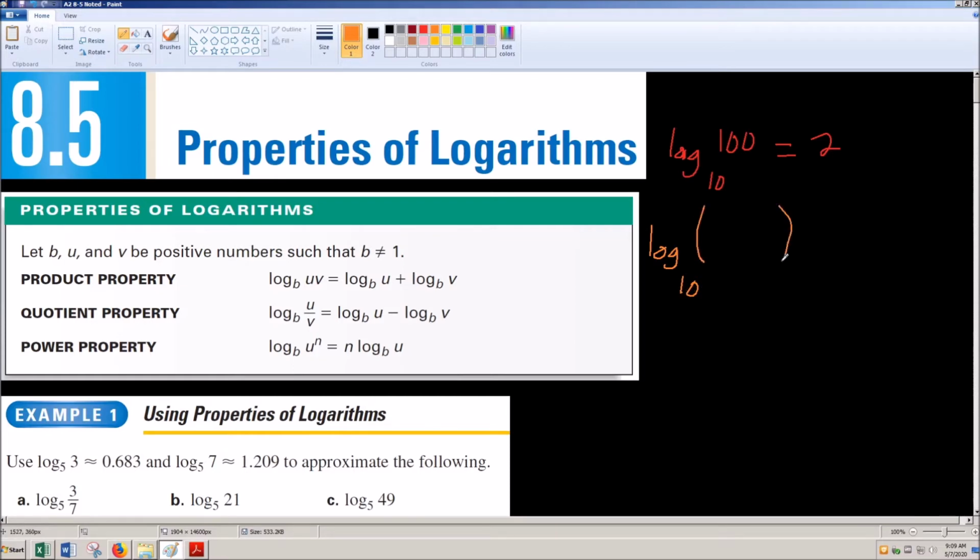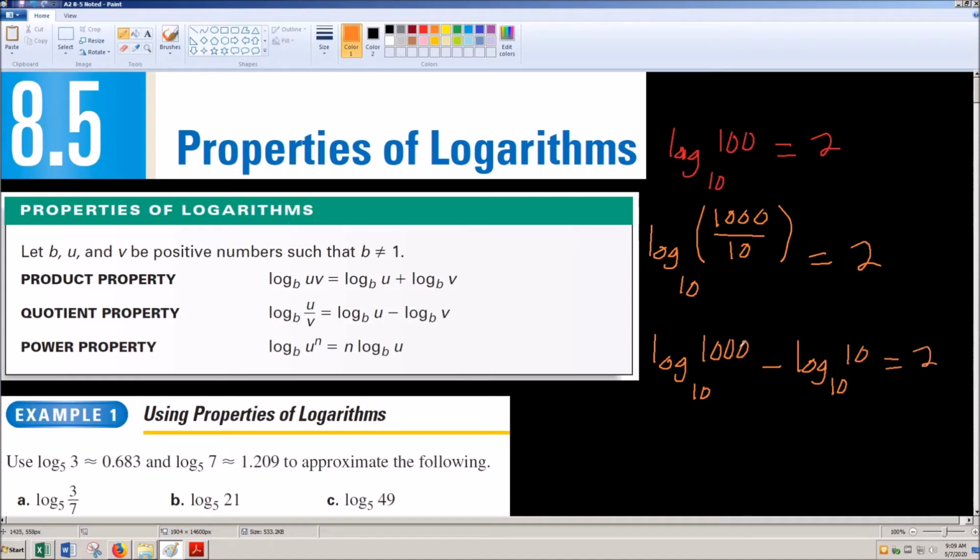Now I'm going to rewrite 100 as 1,000 divided by 10, and this is still going to equal 2. There's nothing different between 1,000 divided by 10 and 100. I'm going to break this up with my quotient property: I can take log base 10 of 1,000 and subtract log base 10 of 10.